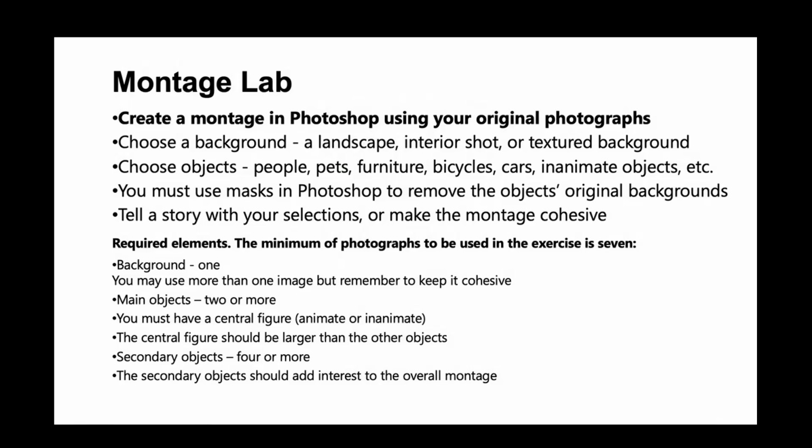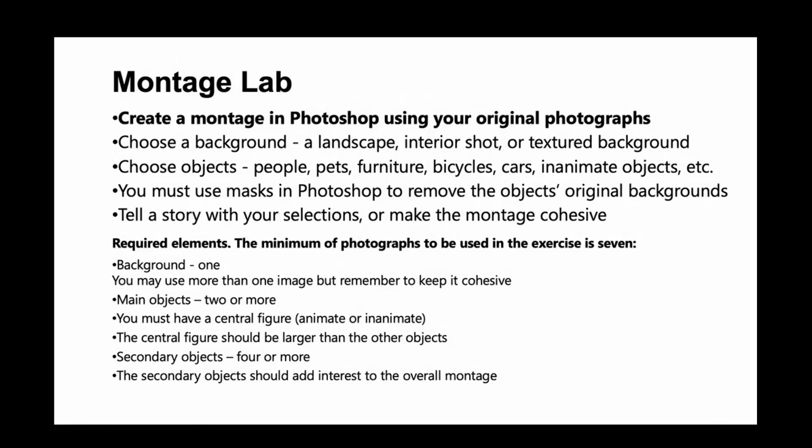So I want you to choose your objects, and here are the required elements. So background, you need to have one. Then choose some objects like people, furniture, bicycles, spaceships, whatever you want to put into your montage. I want you to have two or more, but I wouldn't have a whole lot of those. You need to be mindful of not getting too much stuff in there. But you do need to have a central figure.